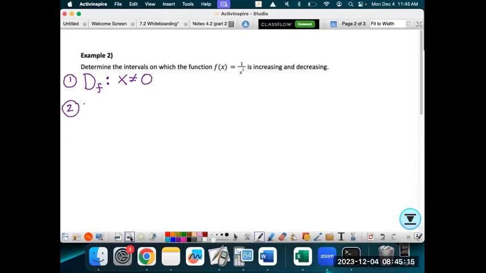Now let's get our critical points, which means we need to get our derivative. If you like using quotient rule, go for it. But personally, I would rather rewrite my function as x to the -2.